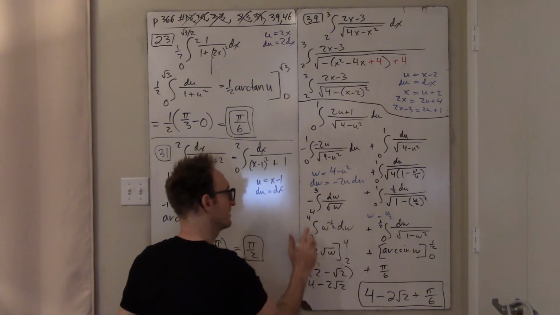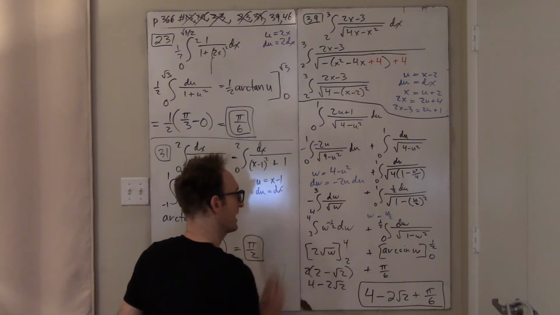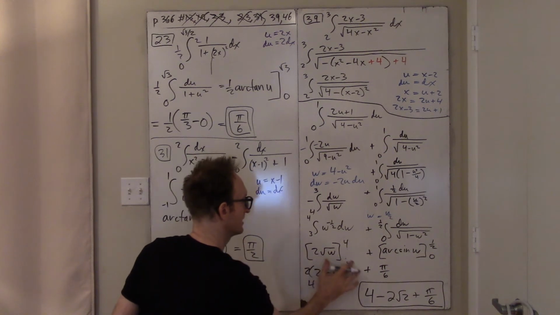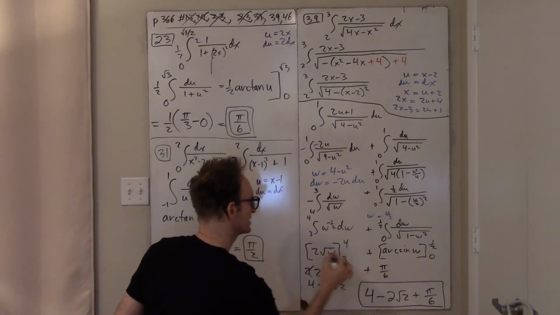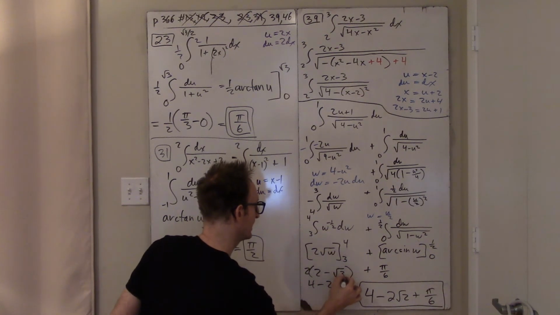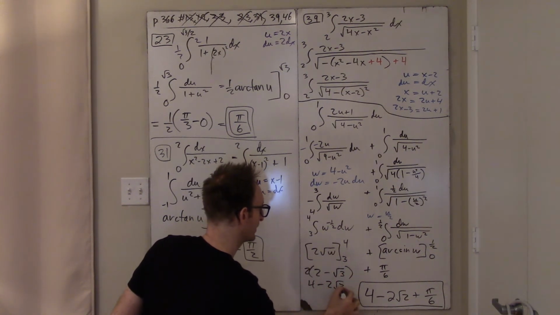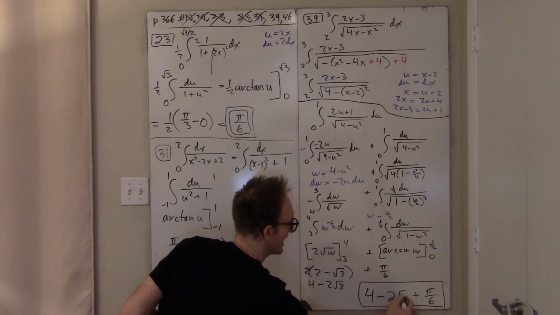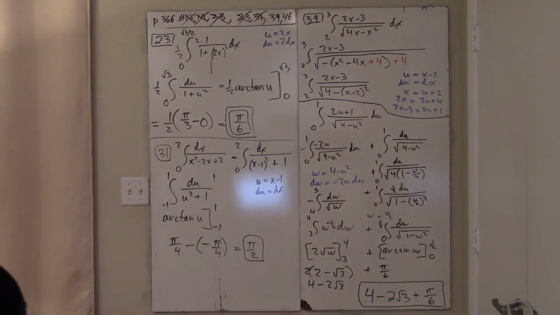And then when I flip them, that becomes a 3, and therefore that lower limit of integration is 3. Therefore, this is just root 3, and that's root 3, and that's root 3. And that is the right answer.